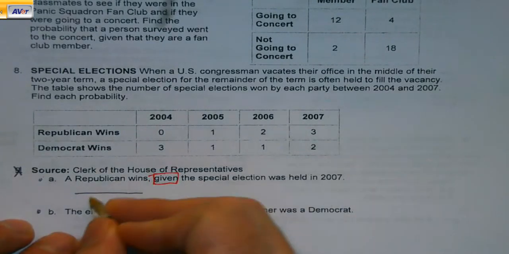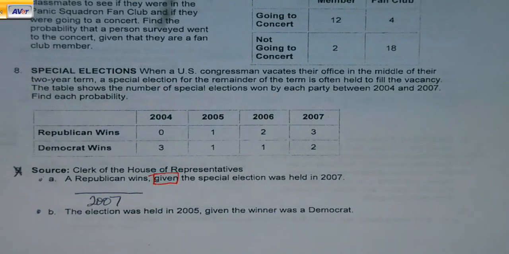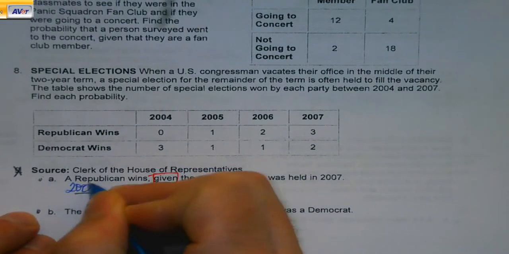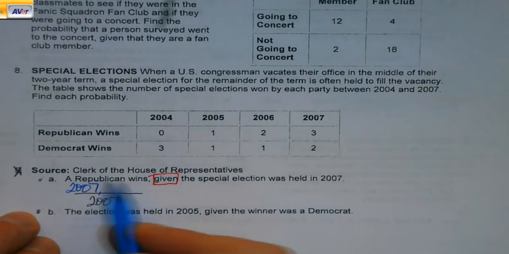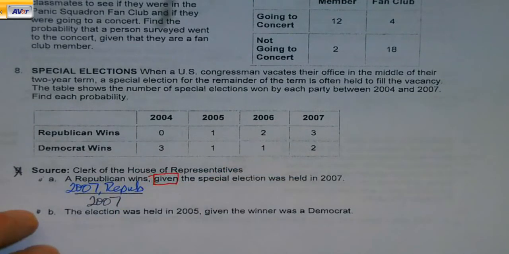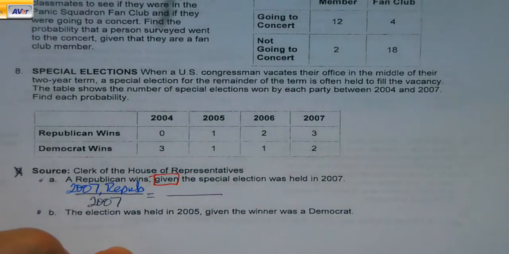Special election was held in 2007. Now that's not my denominator, that's the year. And then the numerator would be both the year, what's after the given, and what's before. So 2007 and a Republican. There'll always be more information in your numerator than your denominator with these.